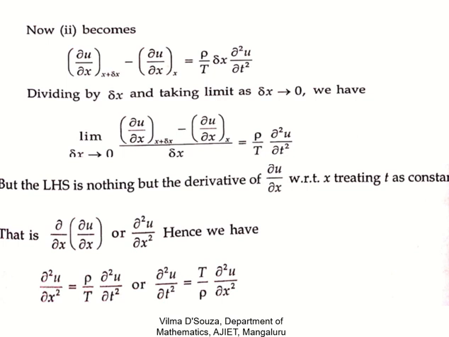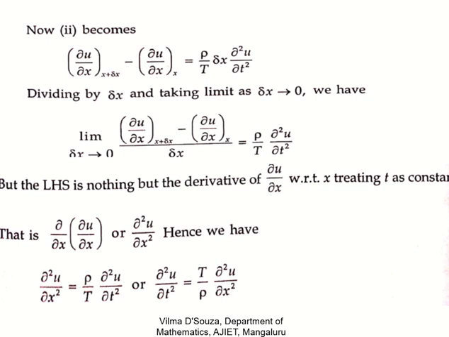What do you get when you divide throughout by delta x? ∂u/∂x at x plus delta x minus ∂u/∂x at x divided by delta x is equal to rho by T delta x ∂²u/∂t² divided by delta x. So here delta x gets cancelled, right? You are left with only rho by T ∂²u/∂t².